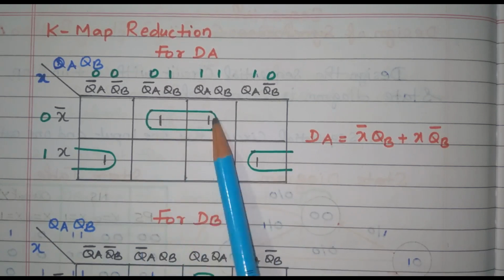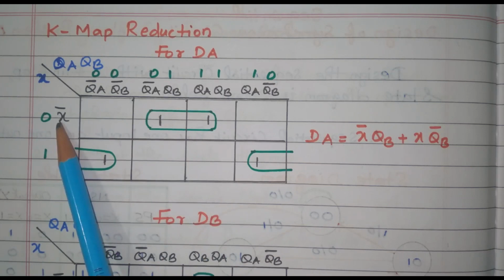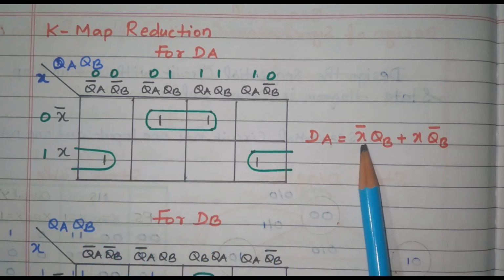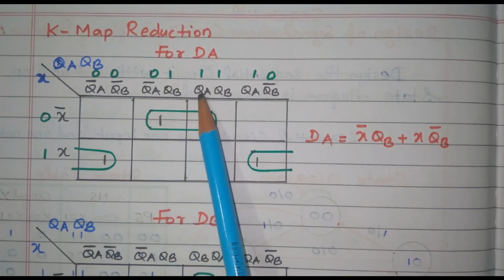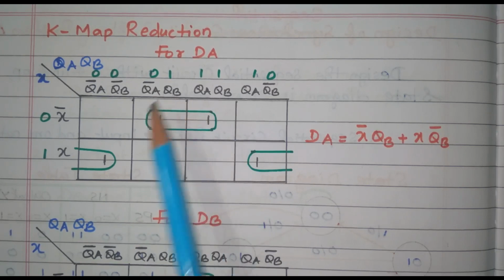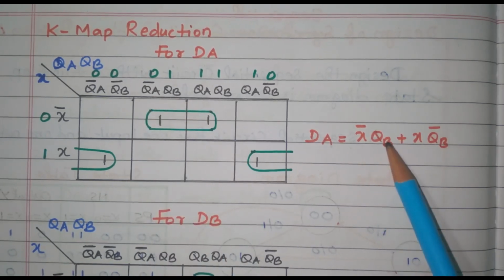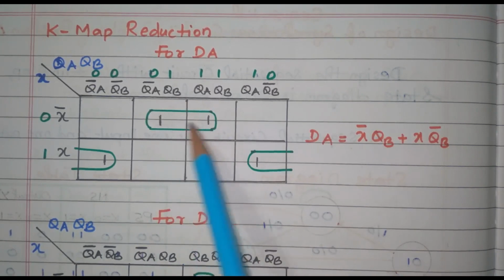While grouping these two ones, x bar is there, right? So x bar is written. In the second and third column, qa and qa bar got cancelled, and we only have qb, right? So x bar qb is the expression from grouping these two ones.